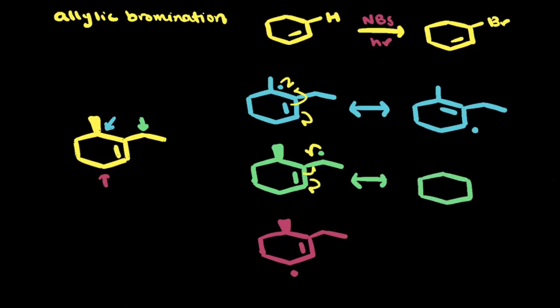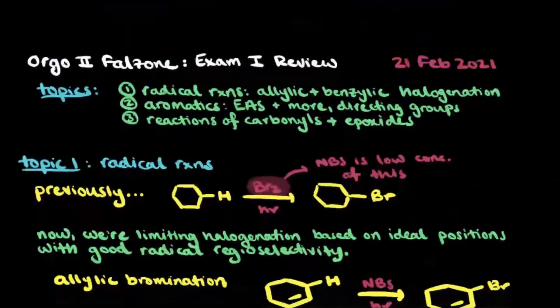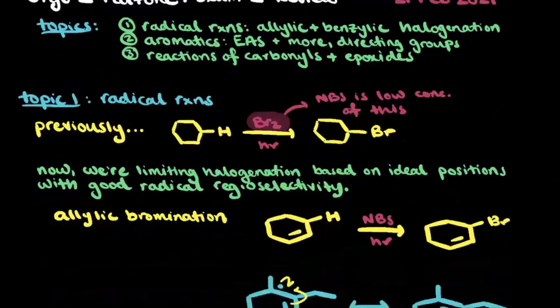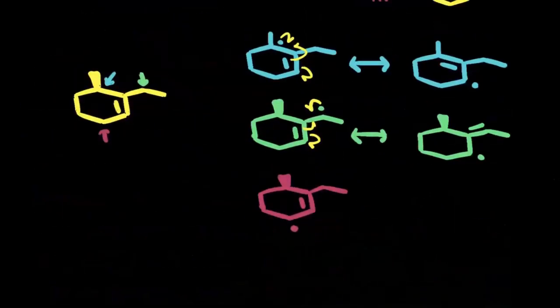We end up getting another radical here. This time that double bond is going to be outside of the ring. And then last but certainly not least, we can move these electrons over here, and now we get our double bond at that position.